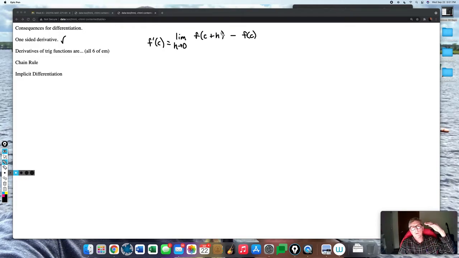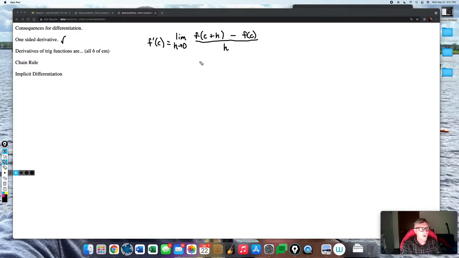So we have a y2 minus a y1, right? And then if you take all the f's away, if you were to do c plus h minus c, you would just get h. If you plug in 0 for h, you get 0 divided by 0, which is undefined. However, we've found out that due to some techniques the limit does oftentimes exist.